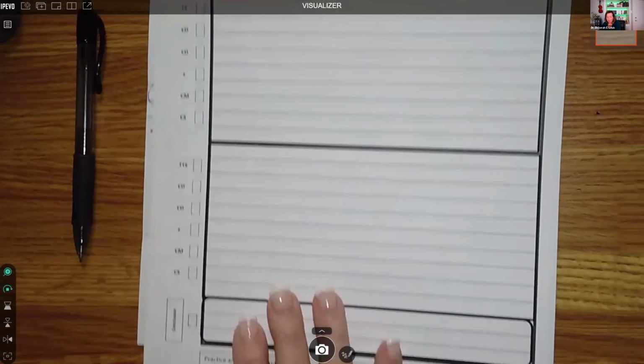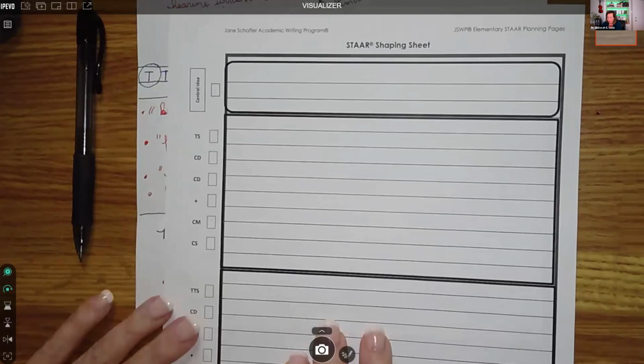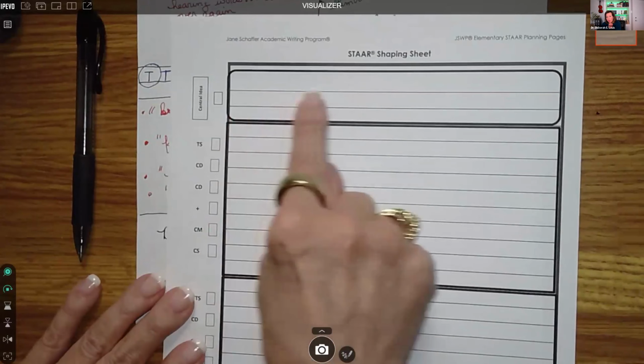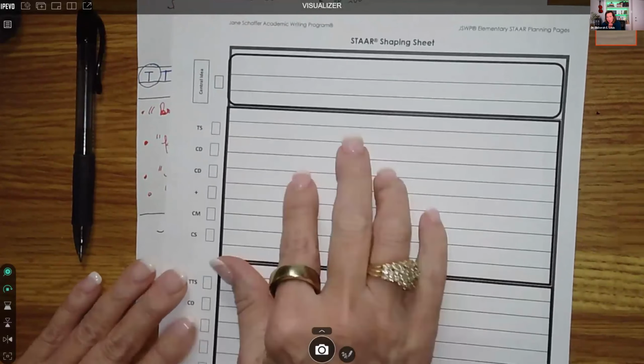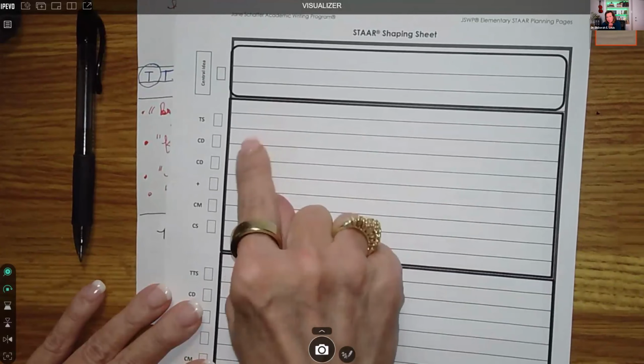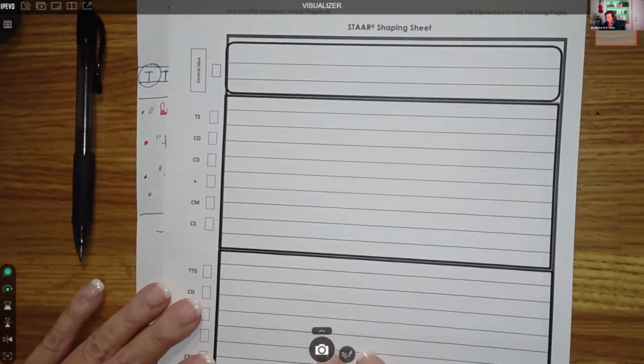This is a page we have, and for an ECR, they would have to write one sentence in their thesis, and then they would write a topic sentence and they check it off as they go, right?